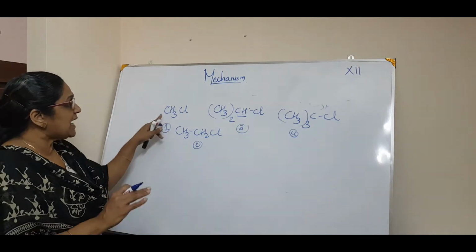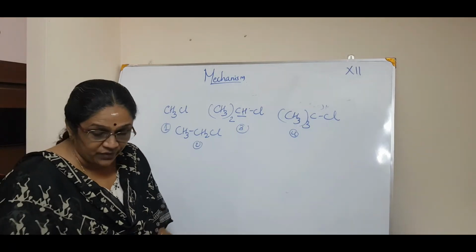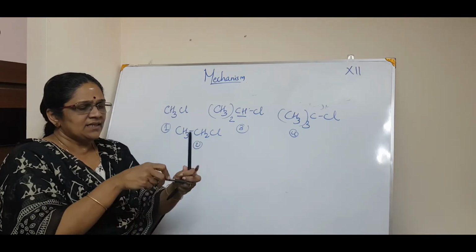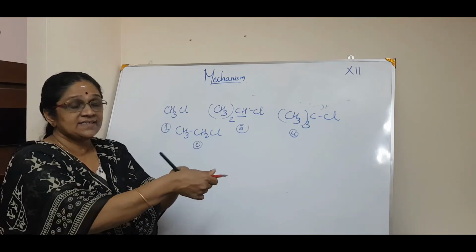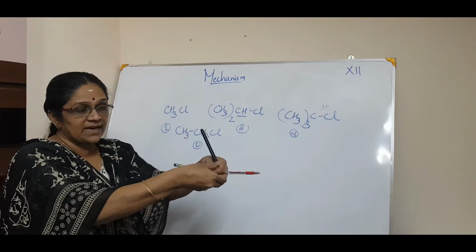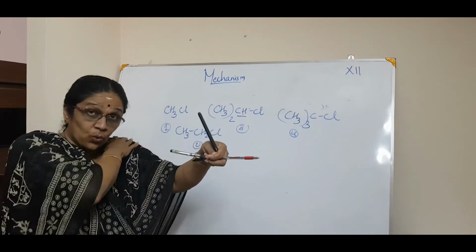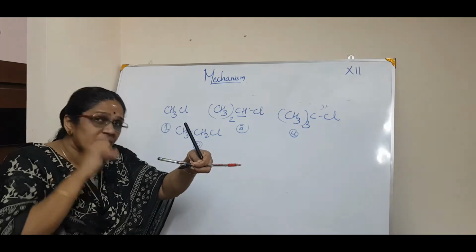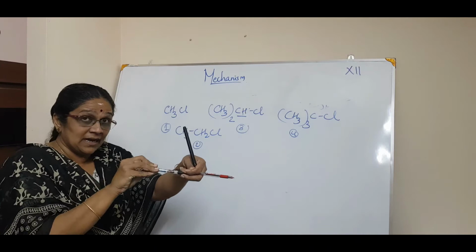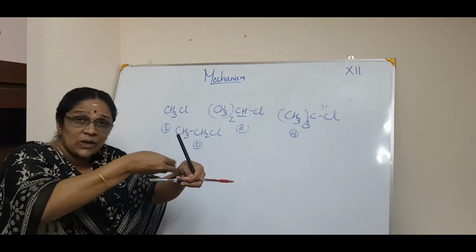Now just imagine CH3Cl. This is CH3 and this is the Cl. Correct? This is the imagination: the center is a carbon atom, with the three CH bonds, and this is the Cl. Now, as I already told you, the hydrogen atom is very, very small, isn't it? Now, in CH3Cl, the incoming of the nucleophile is very, very easy.